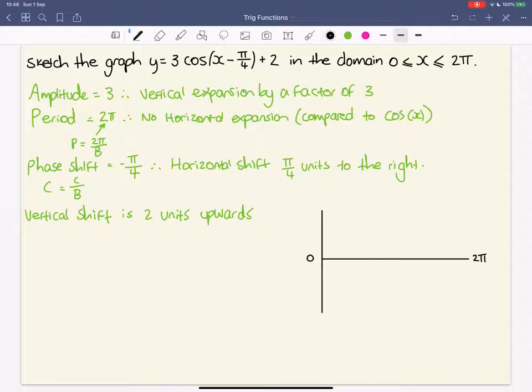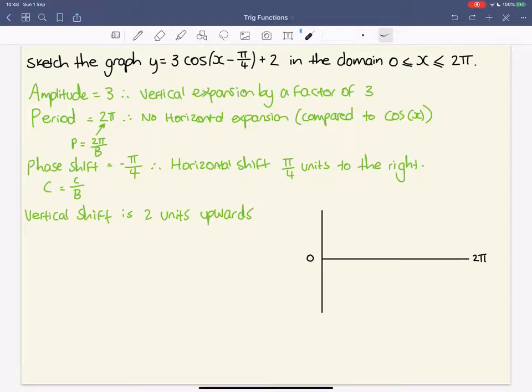Now, traditionally, I would write a 1 here and a -1 there. But we know that's not going to be the case. How do we know that? Well, we've got an amplitude of 3.